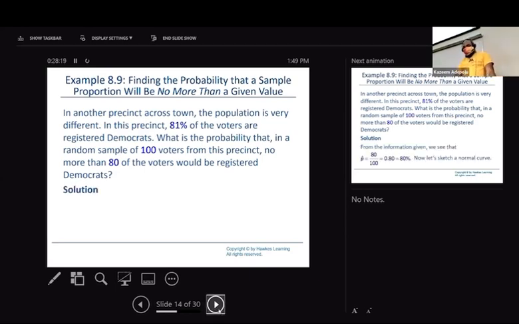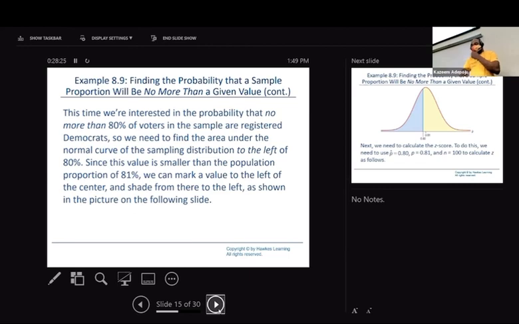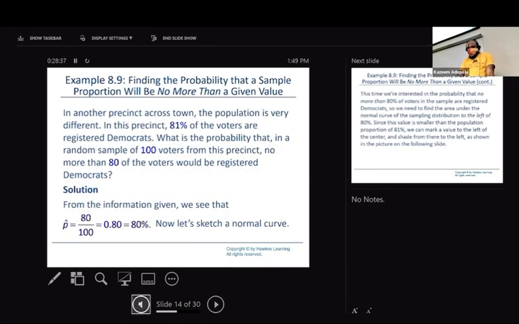You proceed again, you calculate your sample proportion. Then after getting the sample proportion, this time around you are looking at that to the left. This is your focus. The center at this time is actually 0.81. If you take a look at what you're given in this principle, we are no longer talking about Republicans, but we are talking about Democrats.